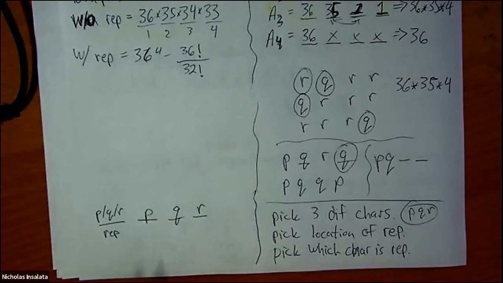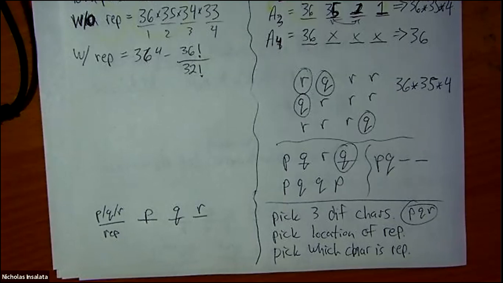I was just going to say, it just occurred to me why there would be double counting. Okay, why is that? Because you pick the three different characters, and now you have a fourth character, and it's a repeated version of one of them. When you pick which place the repeated character goes in, you're going to double count because no matter which character you pick to be repeated, you're going to count the version where that's the repeated character and the version where that's the original character twice.